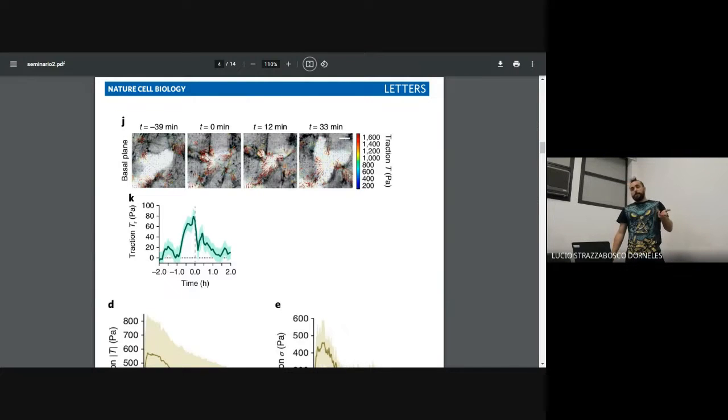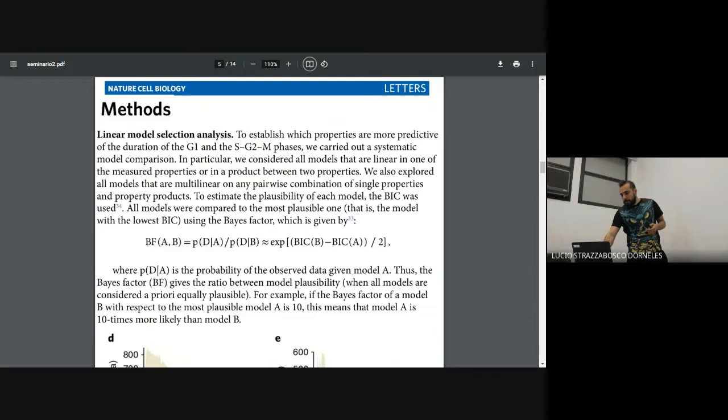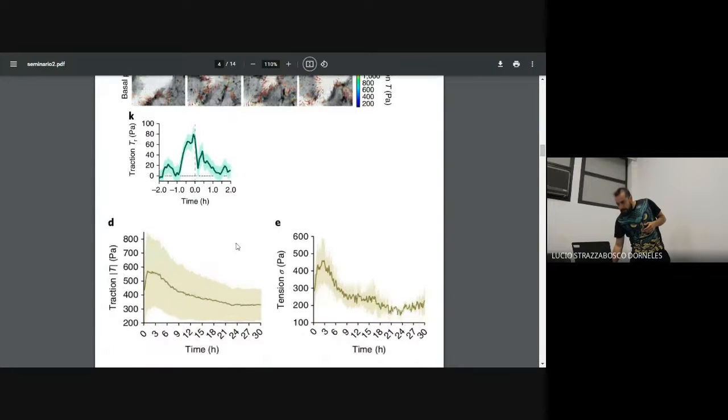Machine scientists, by Roger Guimera, contributed to this work, finding these two functions here.